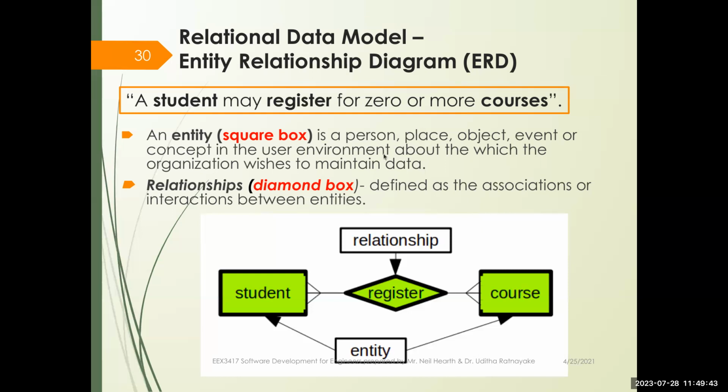Okay, now this: a student may register for 0 or more courses. This is called a business rule. In each organization, there are several business rules.